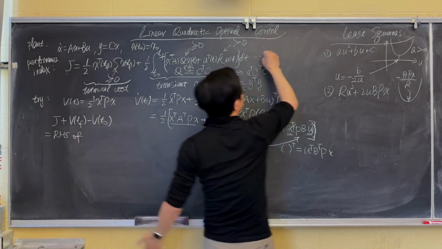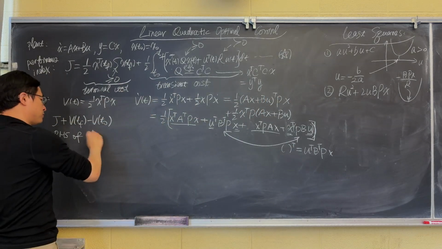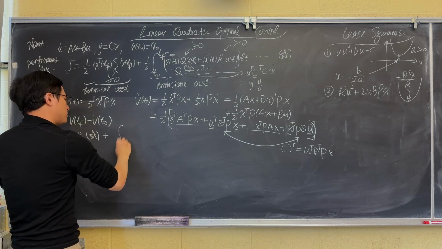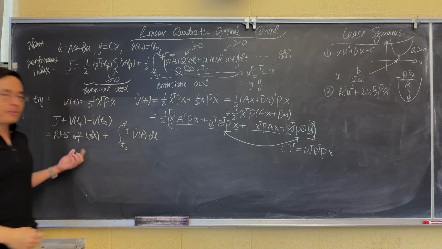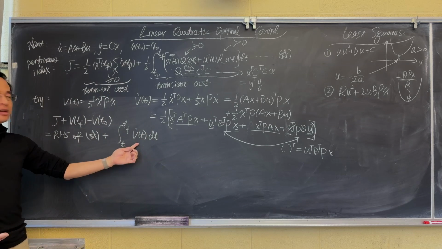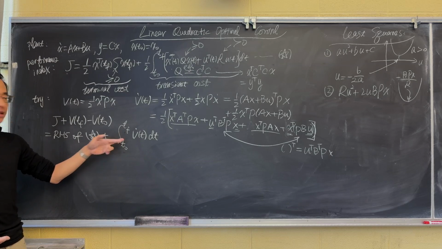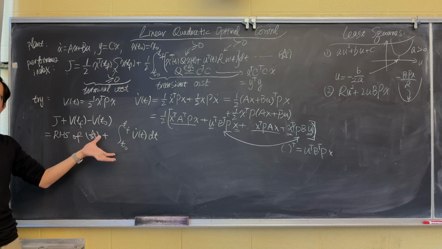Let's define this as the equation star, the cost function. I'm going to add and subtract the same thing. Integration of V dot from T0 to TF is the same as V(TF) minus V(T0). I'm just writing the same thing using different forms.